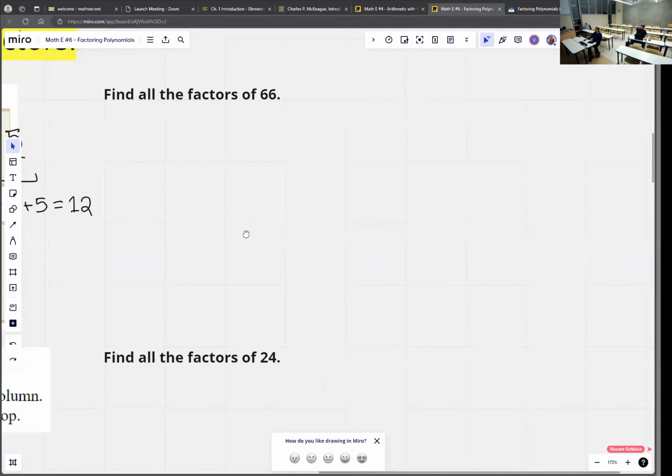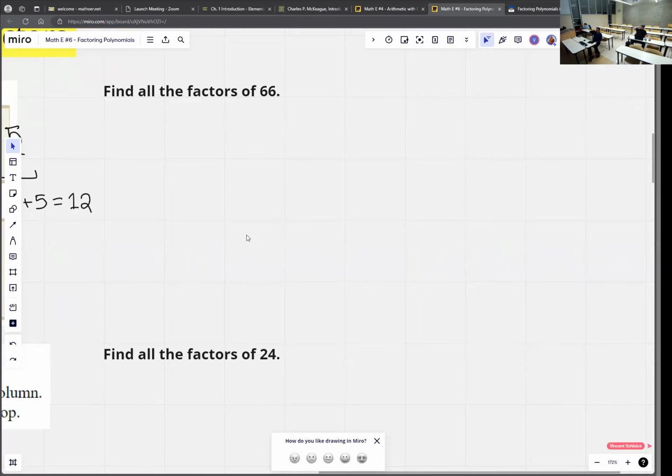Let's now find all the factors of 66. And to do this, we're going to make a horseshoe. I'm going to think, what numbers multiply together to get 66? Well, 1 times 66 does. Is 2 a factor of 66? Yes, but 2 times what? 33.